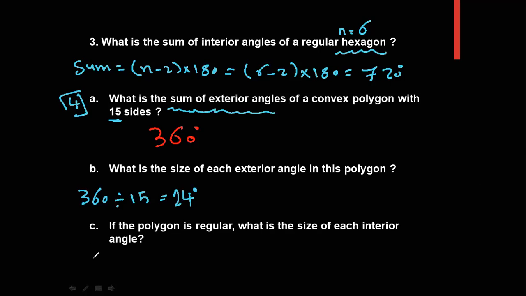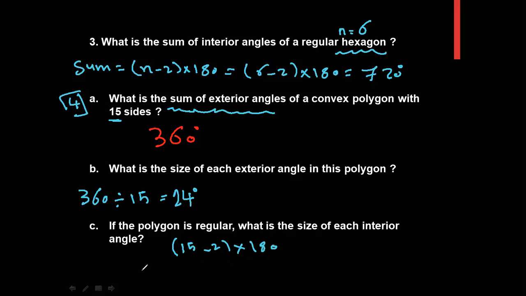Question C. If the polygon is regular, what is the size of each interior angle? I will first find the sum of the interior angles of that polygon. This is the sum of the interior angles of a polygon formed from 15 sides.